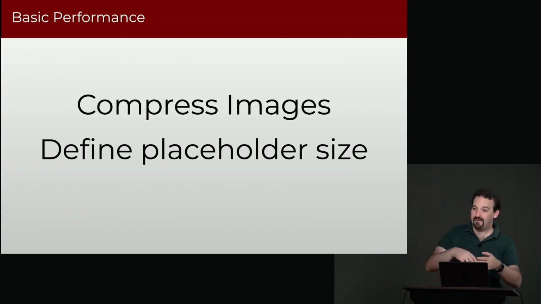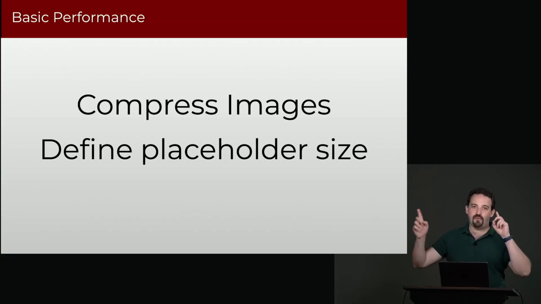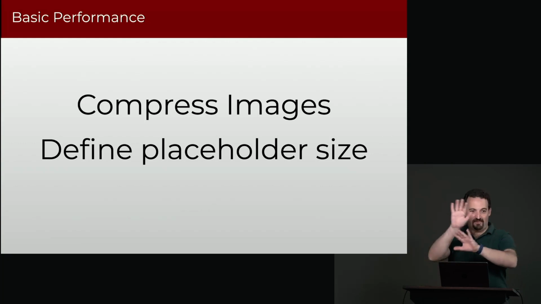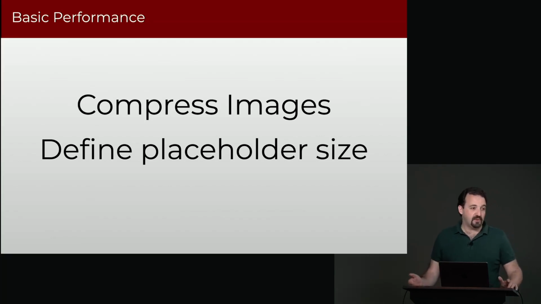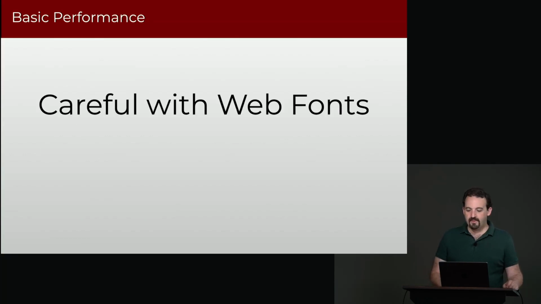So you need to download the image and decode it to know, oh, that image is 100 by 50, and then lay out the rest of the elements around. Okay, makes sense? And compress images is using tools that will compress your JPEG files, your PNG files, to remove unnecessary data. I will show you some tools in a minute.